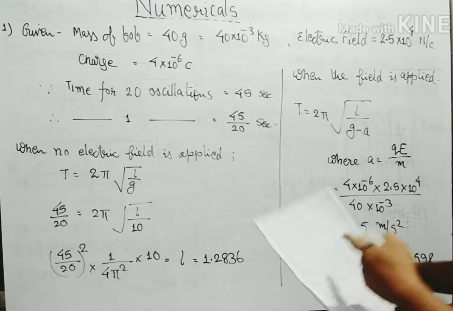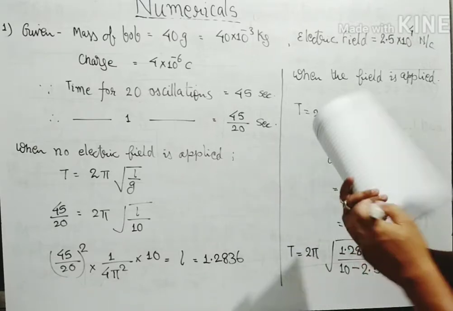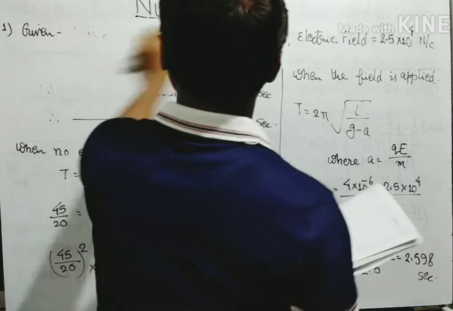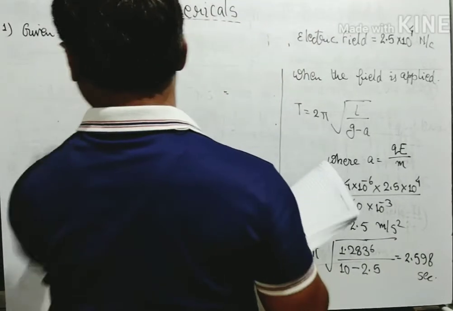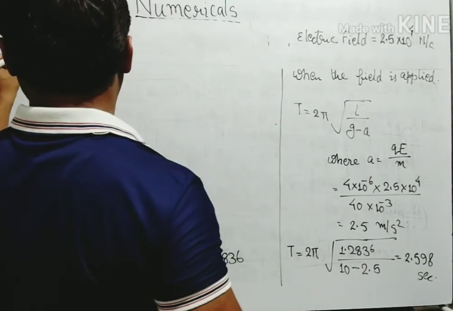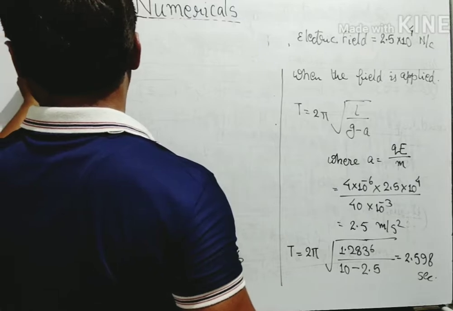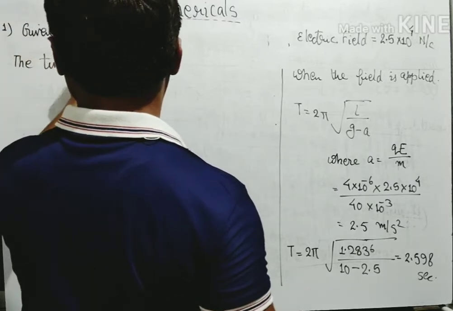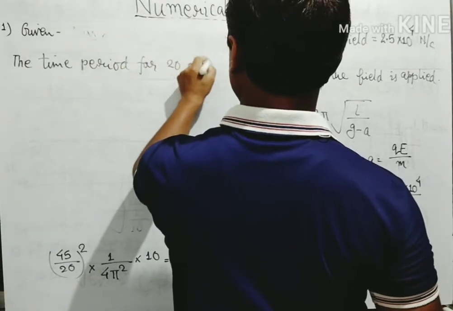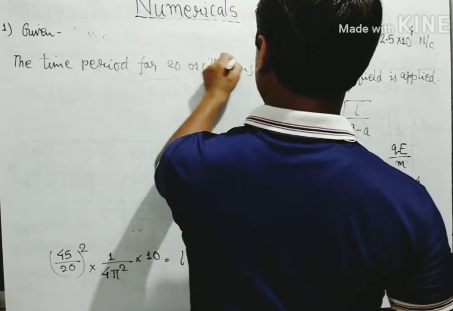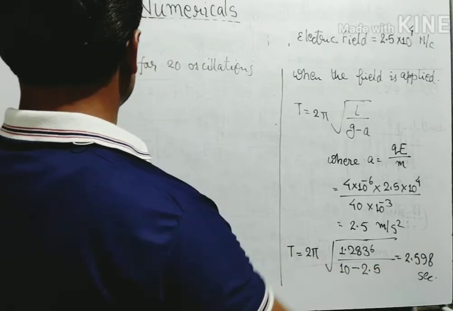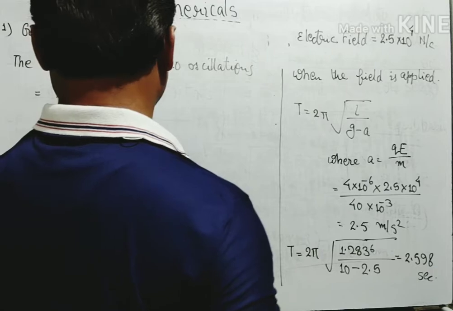Now if we multiply it by 20, we get the time for 20 oscillations. The time for 20 oscillations equals 20 into the time period of one oscillation, 2.598.